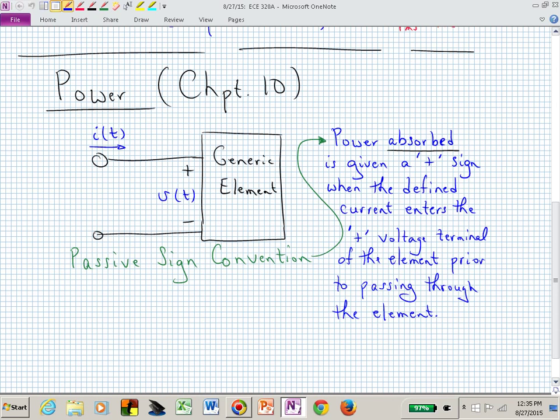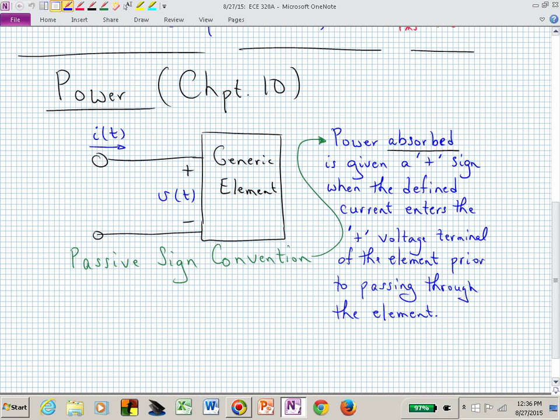It's positive as far as I know, but if it turns out to be negative, the signs will take care of themselves. The current is entering the positive terminal as I've defined it for that generic element, before it actually flows through the element.